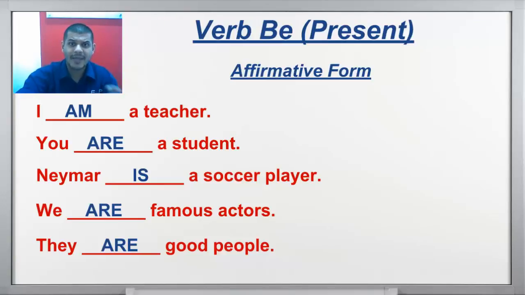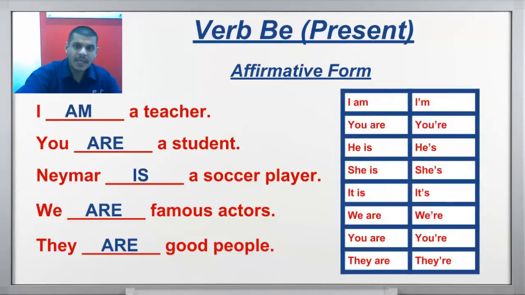For you to visualize better, for you to understand better, I have a table here for you, okay? Let's take a look. Here I have the conjugation of the verb be, right? But it's very common that we contract, that we connect the words, right? So to connect, in this case, I have this table. I can read this with you.